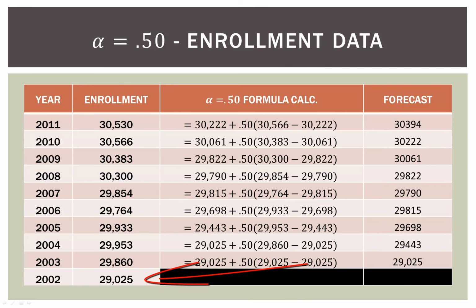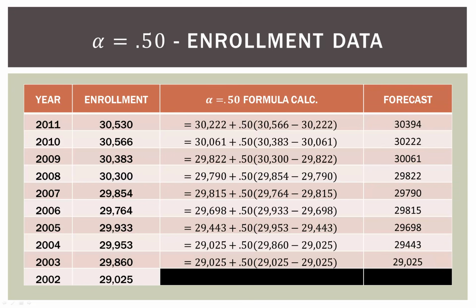We multiply that, of course it's 0, by 0.5, which is still 0, and then we add that to last year's actual enrollment, which was 29025, so our forecast is 29025. Again, that's kind of the drawback of starting this time series like that, but that's what we have to do in this example.